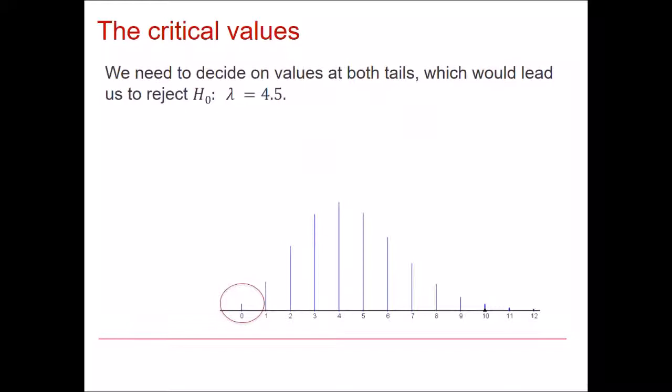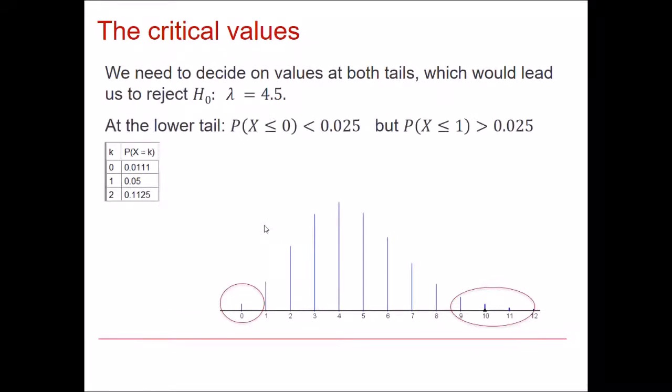What we need to do is decide on values at both tails which would lead us to reject the null hypothesis. So potentially x equal to 0, or maybe less than or equal to 1, and potentially greater than or equal to 9, or possibly 10 or 11, or some number up there.